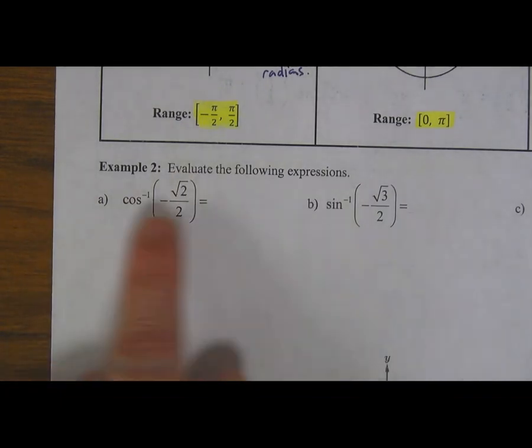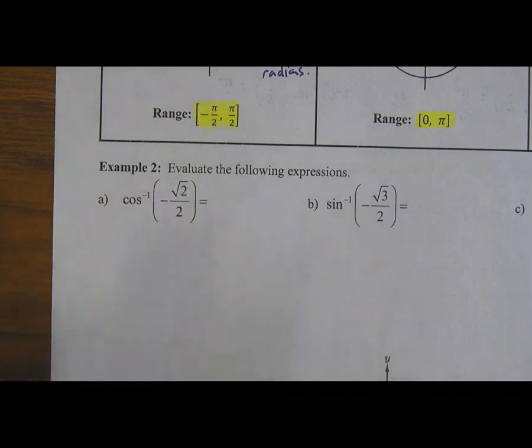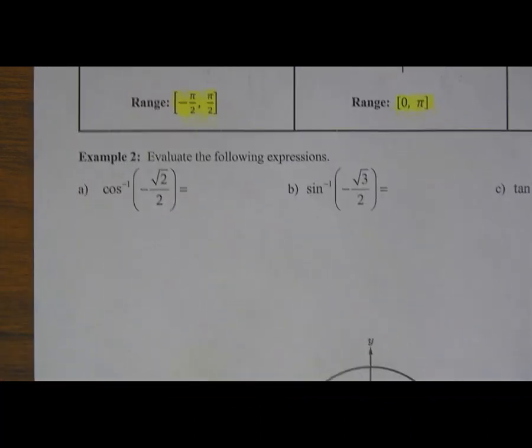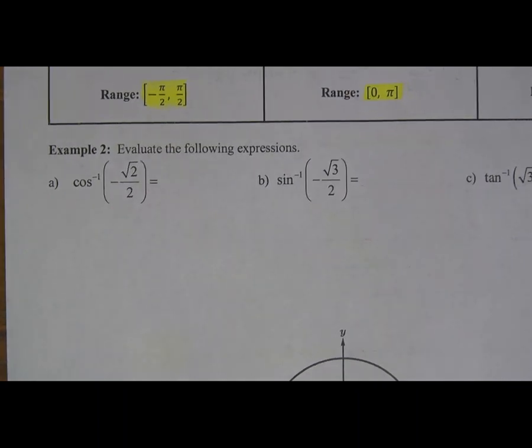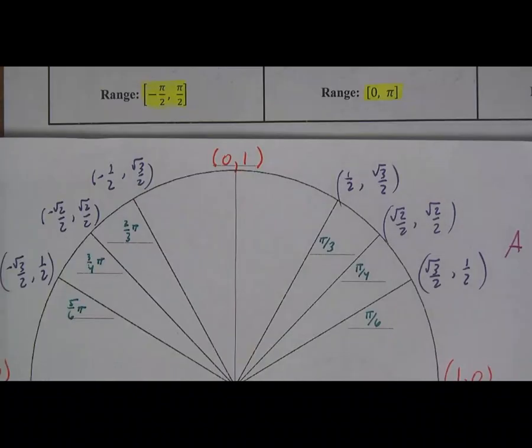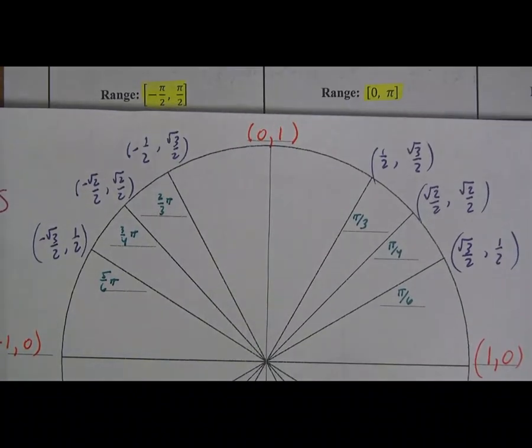Evaluate the following expression, arc cosine of negative root 2 over 2. Now, it certainly helps if you have a unit circle handy, but hopefully by now you can maybe start to have memorized the ordered pairs all the way around. But I'm just going to put my unit circle up here to help us out.